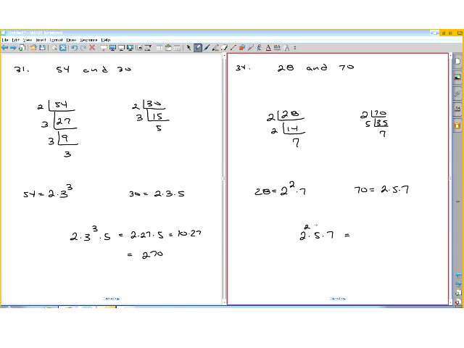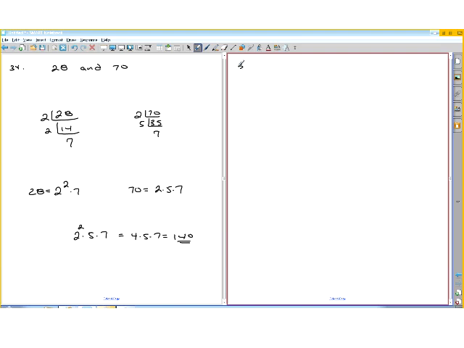We have 2 to the first power, 2 to the second, so we do 2 to the second. So we'll get 4 times 5 times 7. 4 times 5 is 20. 20 times 7 is 140. So let's see if that's correct. Yes, it is.